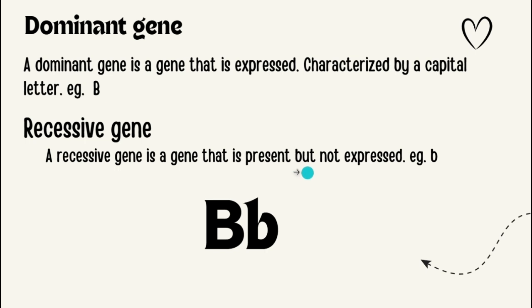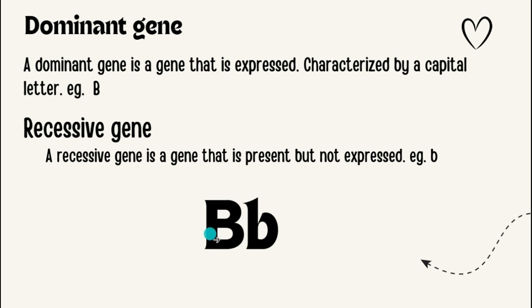So when they made me, I end up with a capital B and a little b. What do you think my hair color would be? This codes for black hair, this codes for brown hair, and I get both of them. What color hair do you think I'm going to have if my parents give me these two genes?